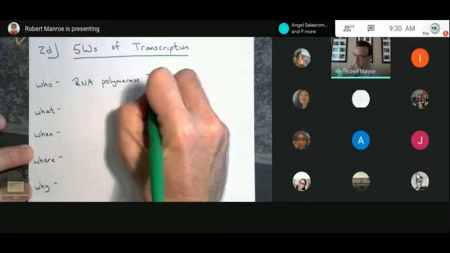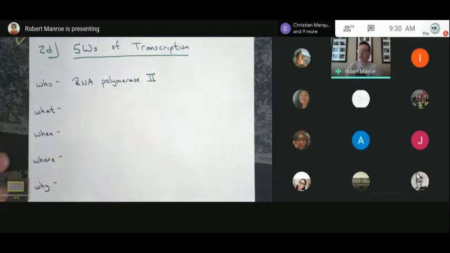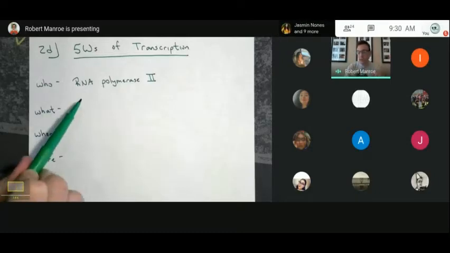Now, I will talk very briefly about how RNA polymerase is activated or inhibited, very similar to replication, where there is a primer that attracts the DNA polymerase 3. There are proteins that can attract RNA polymerase 2.